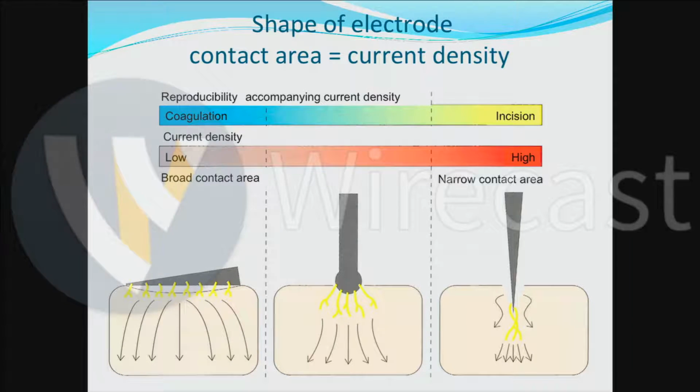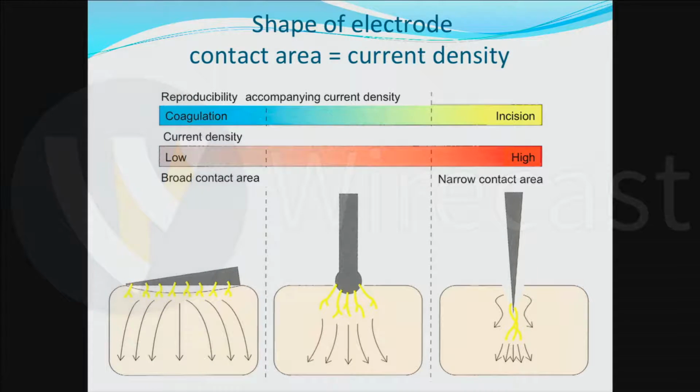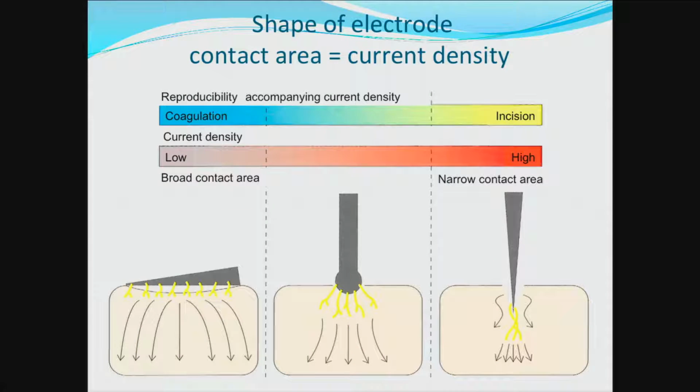Effective heat effect is instantaneously provided. On the contrary, current density decreases according to the dullness of tip with large contact area to tissue, and effective heat effect is not provided instantaneously.